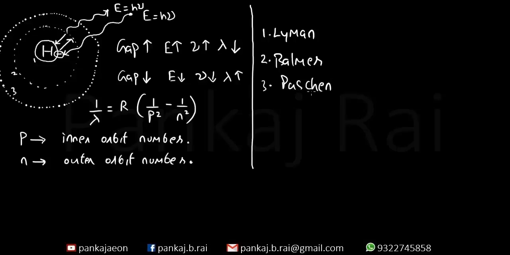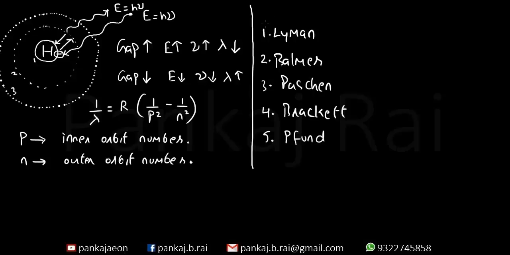It arises due to the transition of electrons from higher orbits to the third orbit. Next is Brackett series, and Brackett series arises due to the transition of electrons from higher orbits to the fourth orbit, and if the transition of electron is happening from the higher orbit to the fifth orbit, then the series of wavelength of the photon which are emitted is called Pfund series.